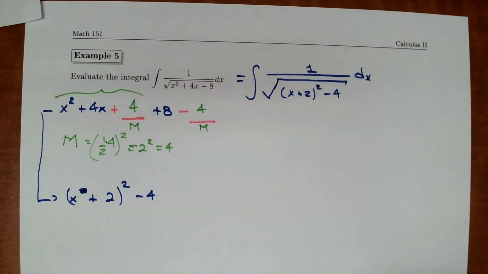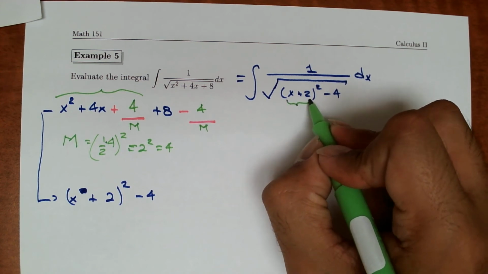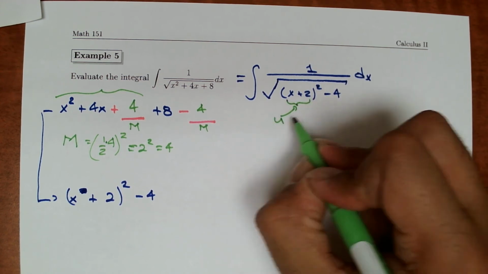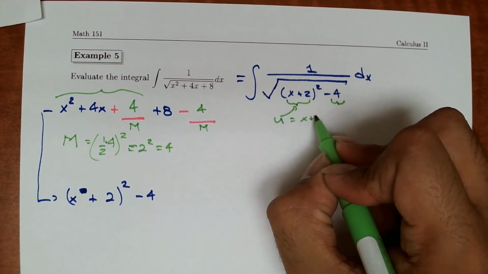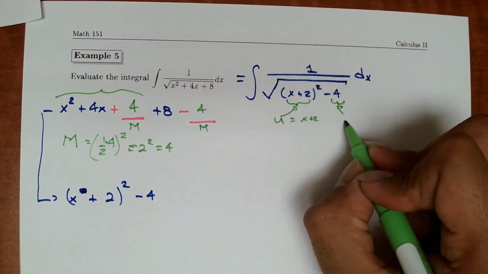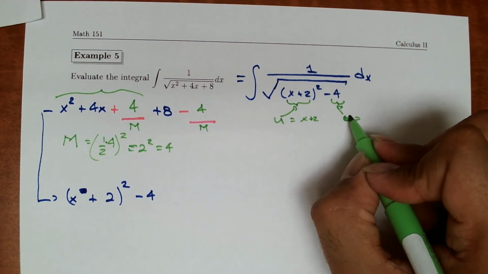So in this case, this is the u, and u equals x plus 2, and from here a equals the 2.